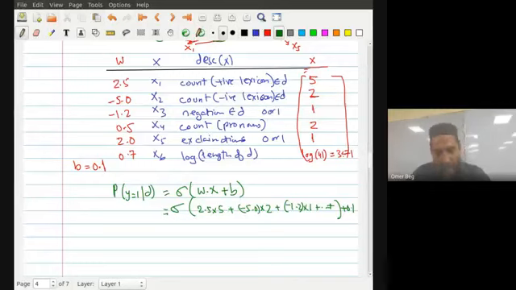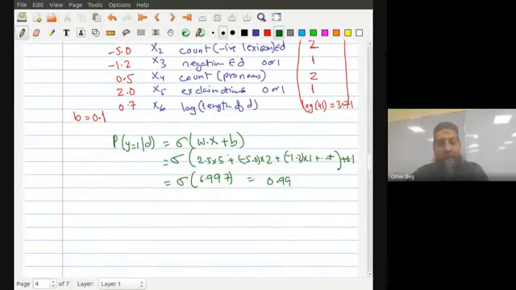See? If you calculate this, this would turn out to be the sigmoid of 6.997. And if I take the sigmoid, I'll get 0.99. So this is essentially saying the probability of this review belonging to the positive class is 0.99.